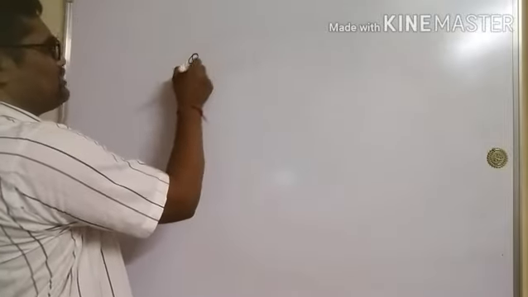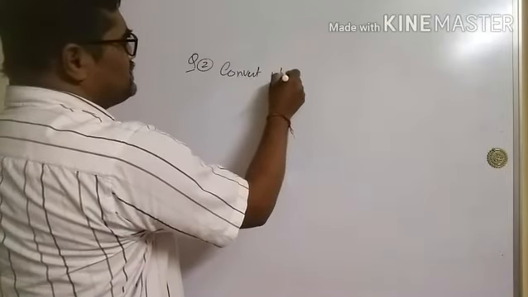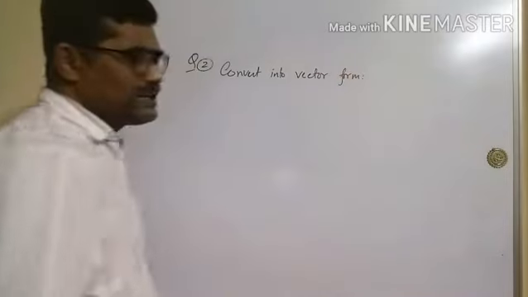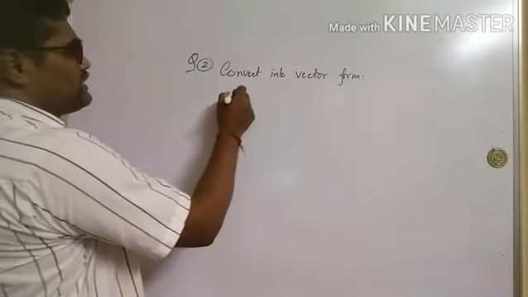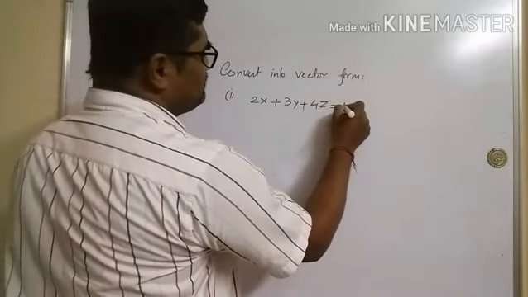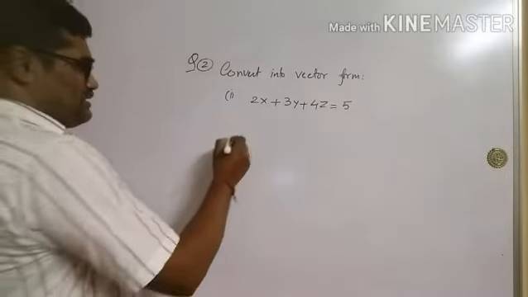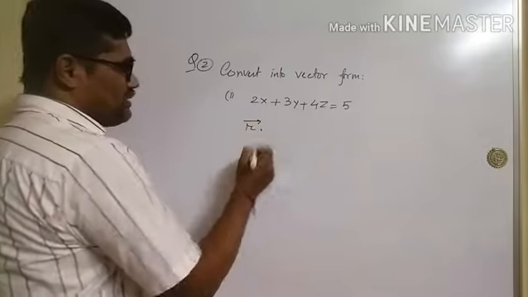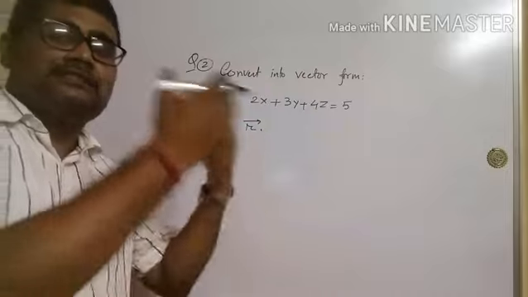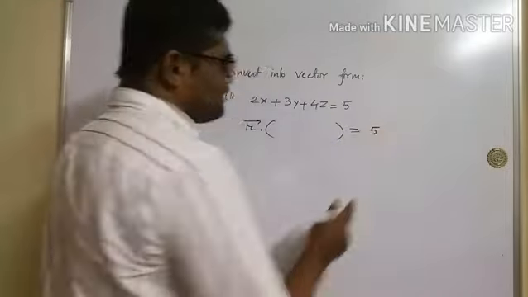Question number 2. Convert into vector form, right? First we are converting from Cartesian to vector form. Okay, let me take the first equation only, which I have considered. I would like to convert this into vector form in the same step, right? R dot will come, right? That you remember, R dot n vector or R dot n cap. Now just try to remember this, everything will remain same except this.